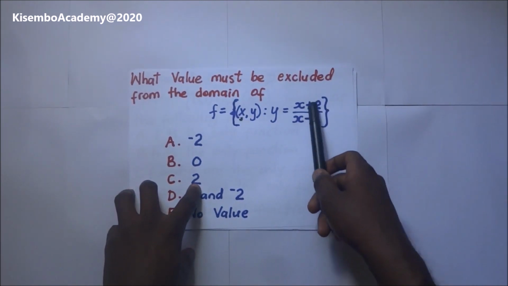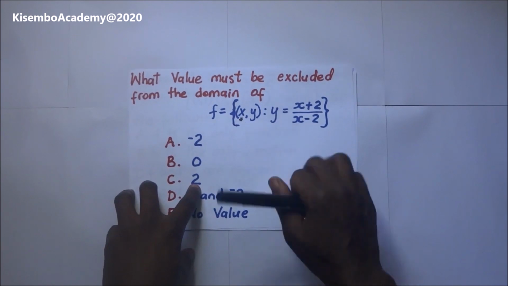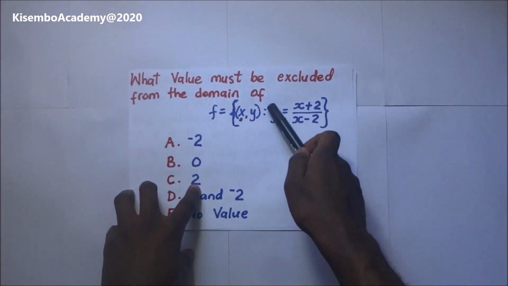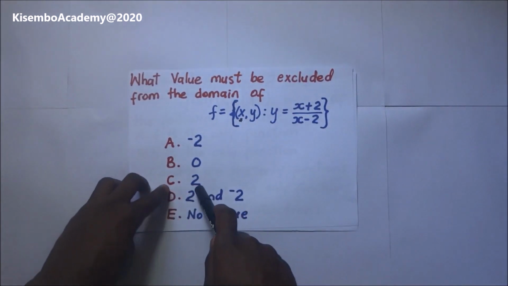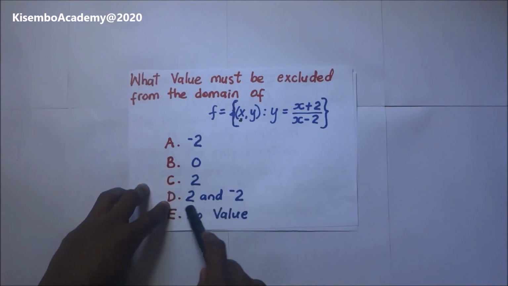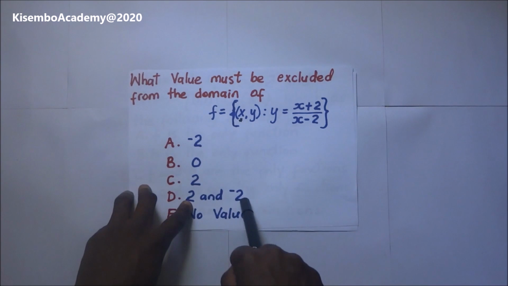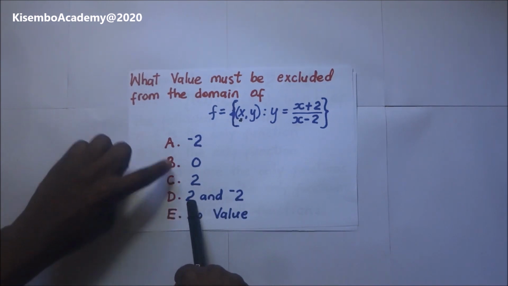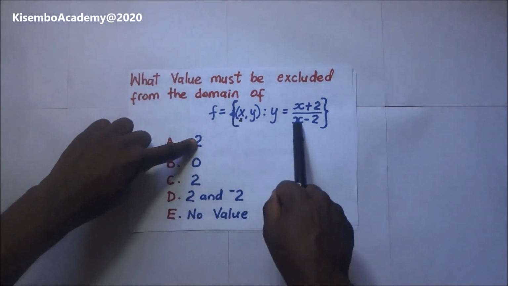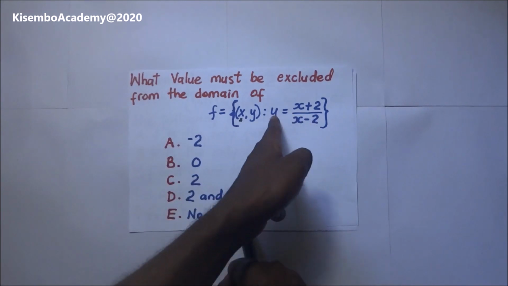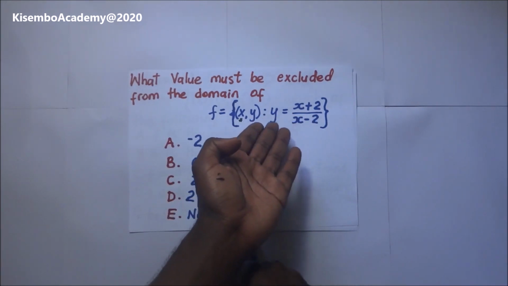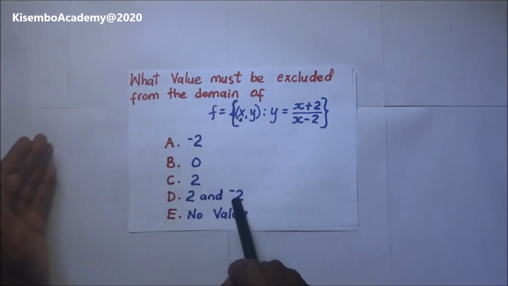So what does that mean? 4 divided by 0 gives us a value of y that is not a real number, a value of y that we do not understand. So probably C would be the answer, but let's go to D. D is 2 and negative 2, well, we already ruled out that if we make x negative 2, it would still give us a value of y that is a real number.